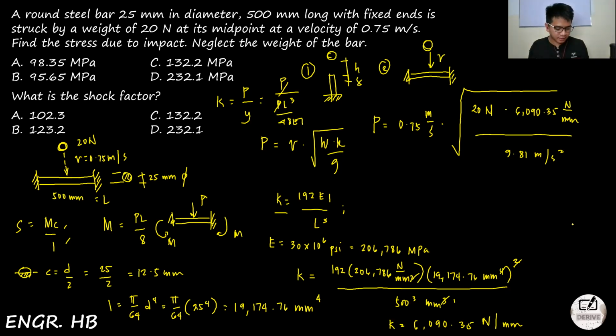So we all know that Newton is equivalent also way back on our physics days of 1 kilogram times meter per second squared. Kasi force is derived on ng mass times acceleration. We all know that mass in kilograms and acceleration in meter per second squared. Kaya nagkaroon tayo ng Newton, no, na unit.